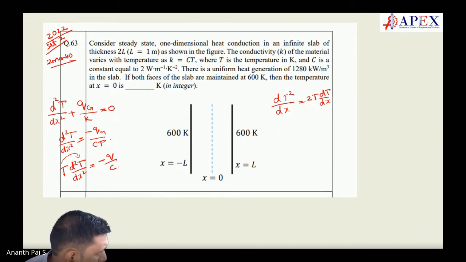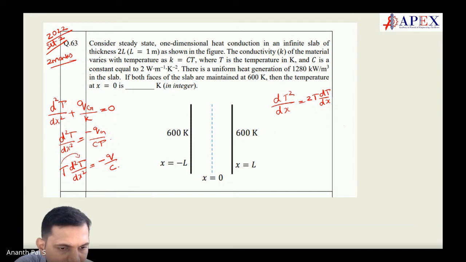Let us see. Second order. Yeah, that is the best. What should we do here in your opinion? It's a second order. That's what you're saying.